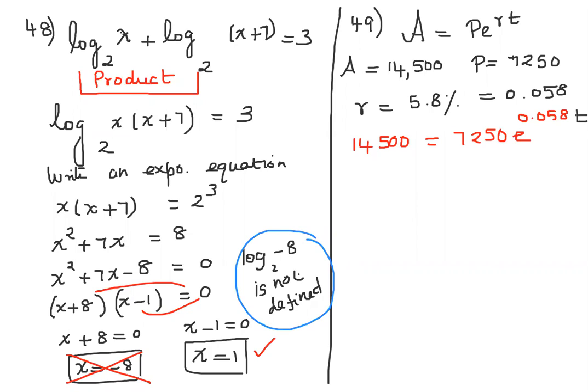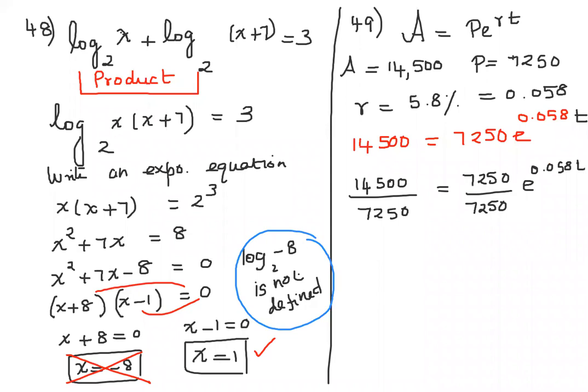So we have to get the exponent by itself first. So we're going to divide both sides by 7,250. So these two get cancelled. So this is going to be just 2.